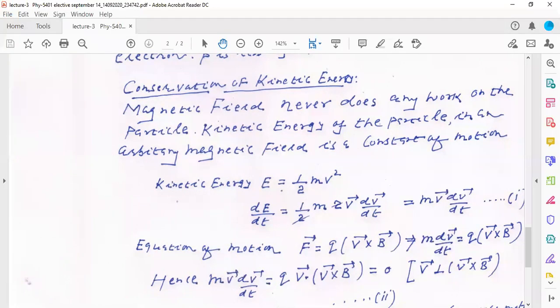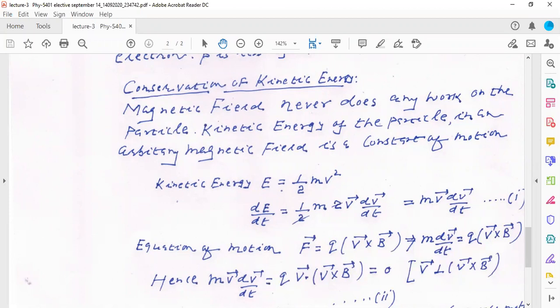On the right, q is the magnitude of the charge, and taking the scalar product with v gives v dot (v cross B).